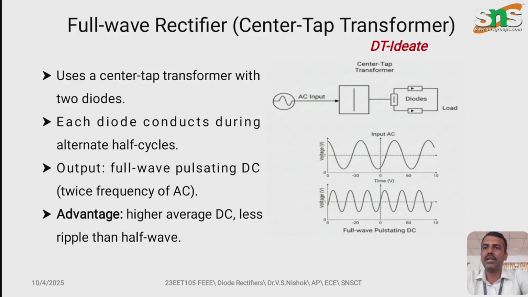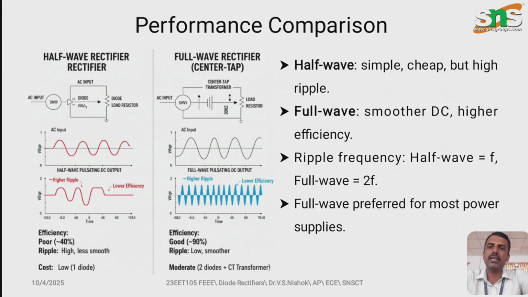The advantages of this full wave rectifier are high DC and less ripple than the half wave rectifier. Ripple represents the unwanted AC signal after the conversion to DC signal. While comparing the performance, the half wave rectifier converts only half cycle of the input signal, whereas the full wave rectifier converts the complete AC to DC signal.